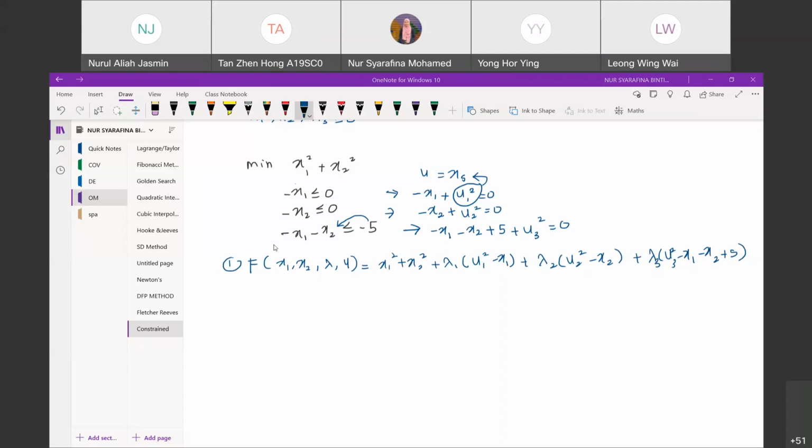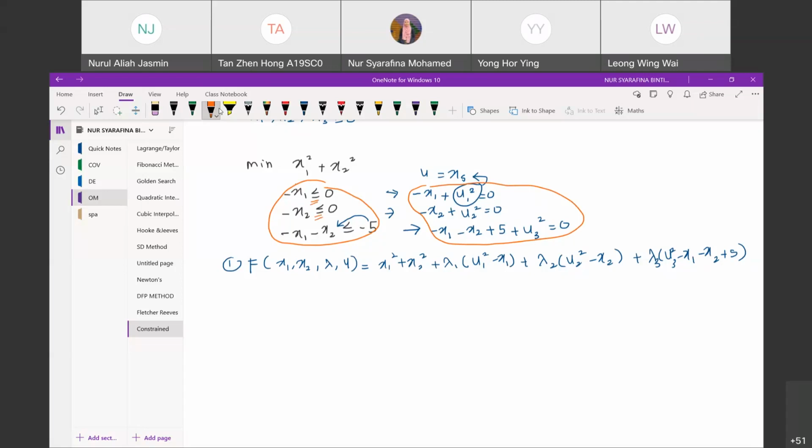What we are doing just now is we change inequality to equality by adding slack or surplus. How can we identify slack or surplus? By considering the sign of inequality there.